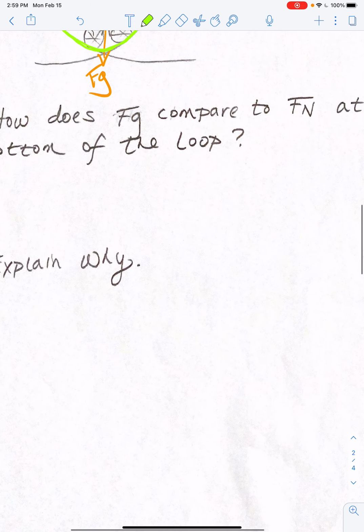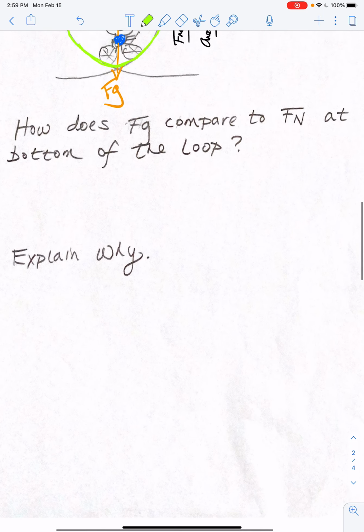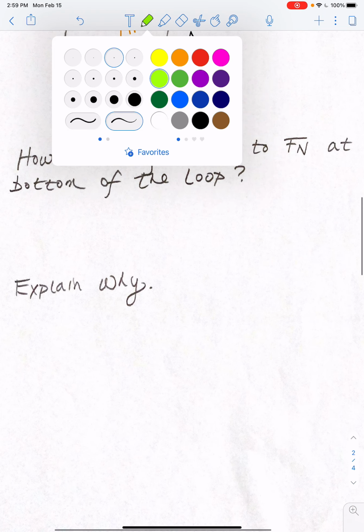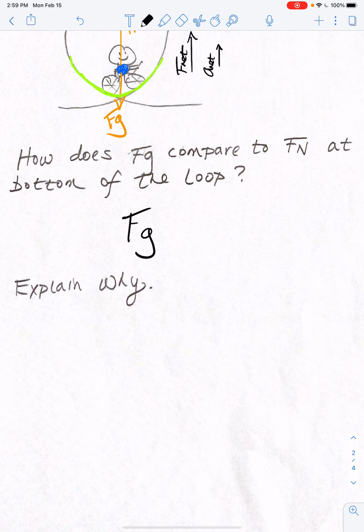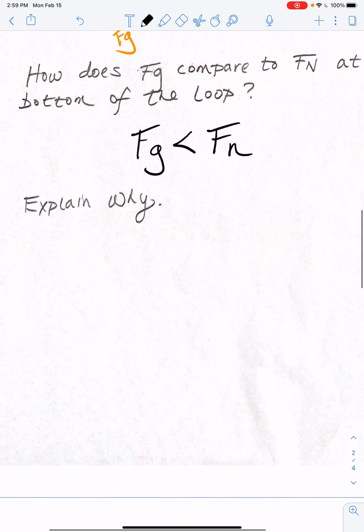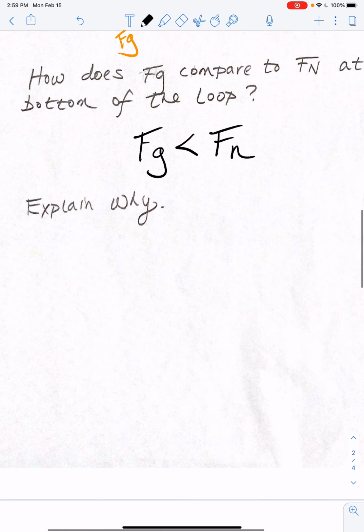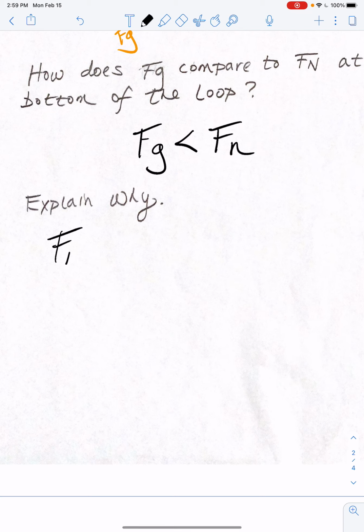All right, how does Fg compare to Fn at the bottom of the loop? So we can say here Fg is less than Fn. Why? Focus on Fg because that's kind of what the question says.